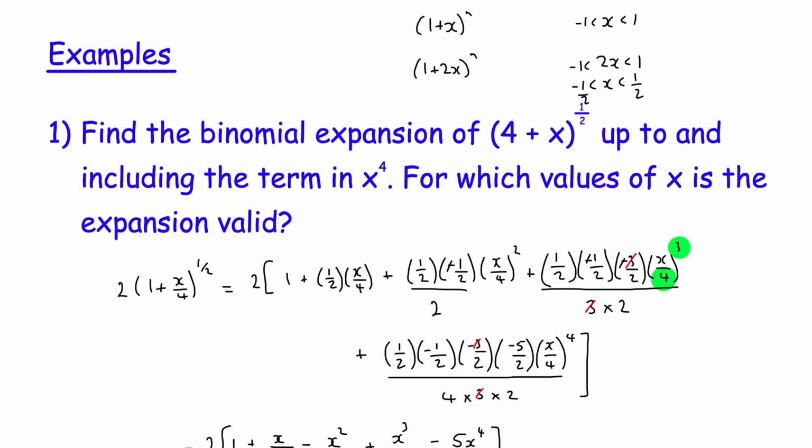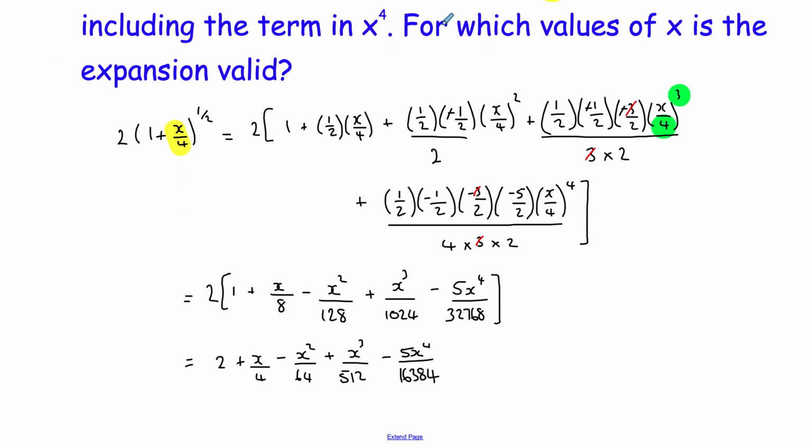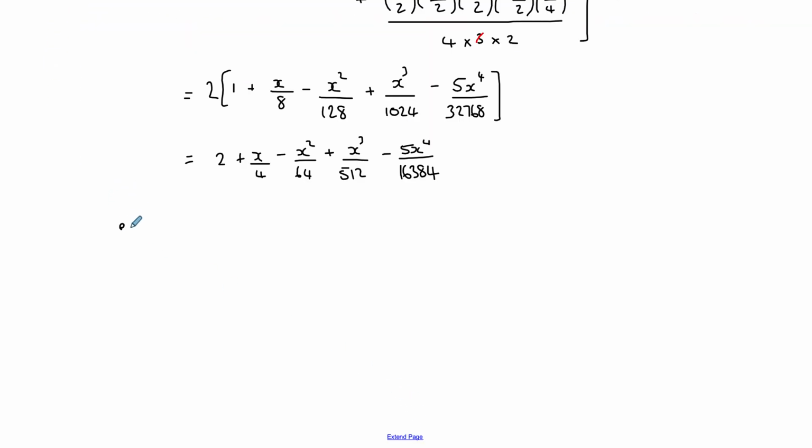The next thing to be aware of is that it's not when this is valid, when there's a number there that's not 1, it's when we've turned it into something to do with 1, it's when this is between minus 1 and 1. So this expansion is valid when x over 4 is between minus 1 and 1, which actually means I need to times up because it's asking me about x, not x over 4.